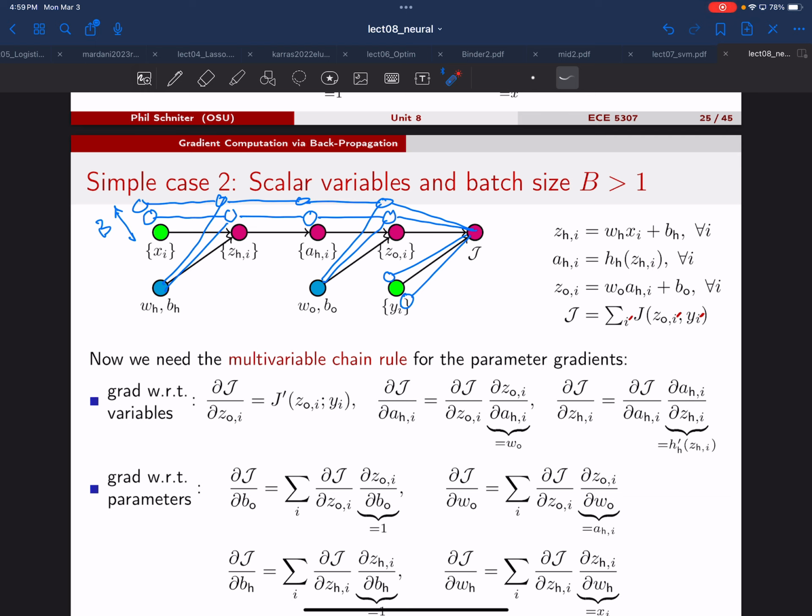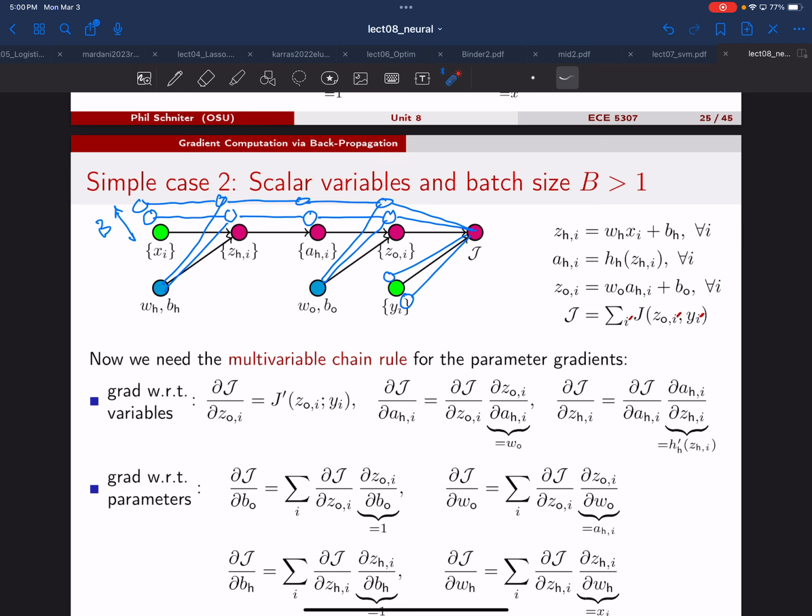Okay, and then for dJ/dW_O, it's basically the same. We have to consider all the different paths to W_O. So we do have the multivariable chain rule there. And this other stuff is similar. So like to get dJ/db_H, we have to consider all those paths.